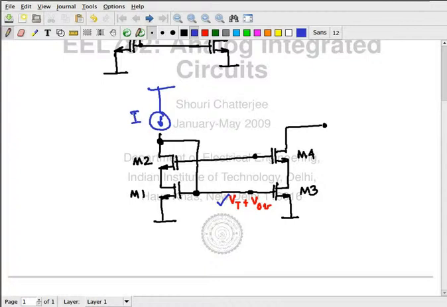Now if my topology is like this, then automatically the drain of M2 is at Vt plus VOV. It's forced to be at Vt plus VOV.